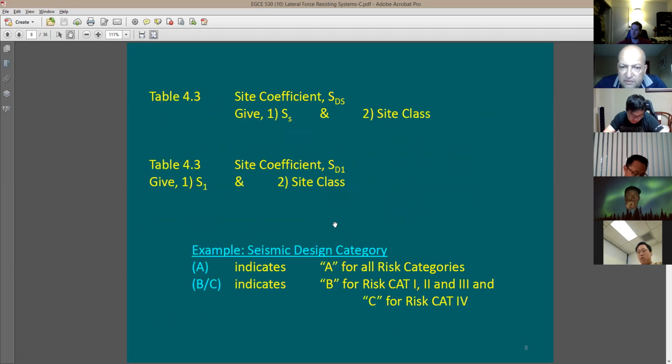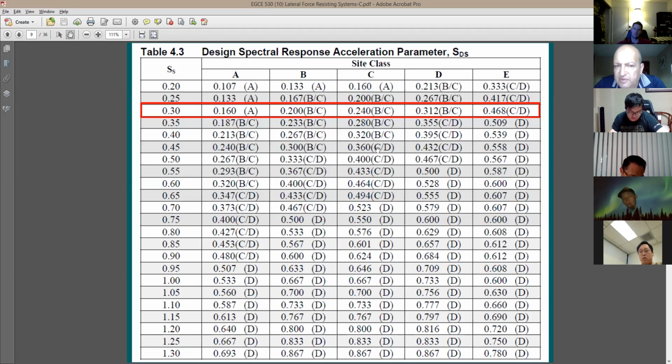I give you here two tables. They should make your life a little bit easier. Here's what you need to do. You look here at the SS value, and let's say it's going to be 0.3, right? Because the one we have here is 0.289, so it's very close to 0.3. Look at the site class. If your site class is D, this is going to be the value of your SDS.